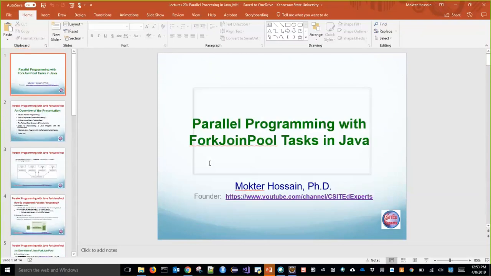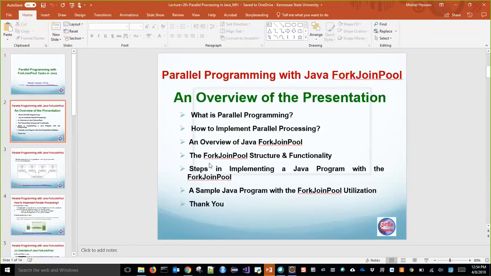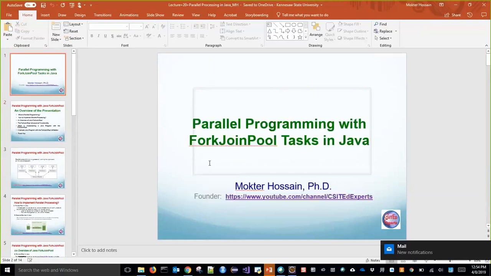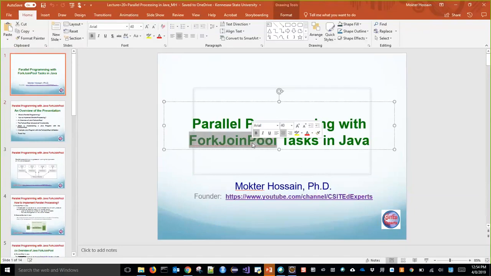So in Java, there is the fork join pool. Fork join pool is the latest and recent technology for implementing parallel processing. It is called fork join pool, all in one word.